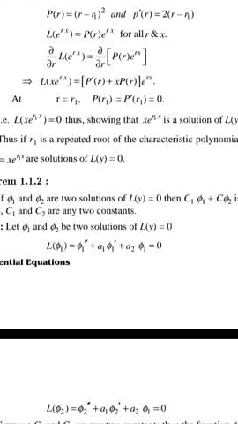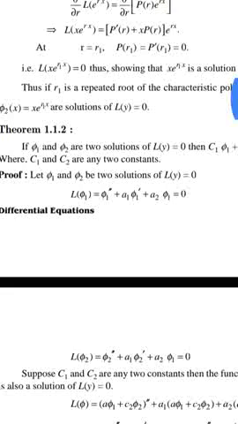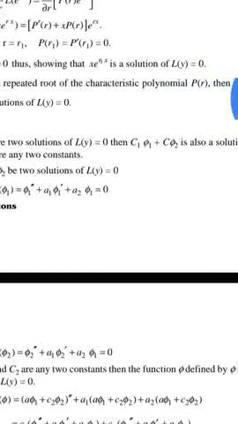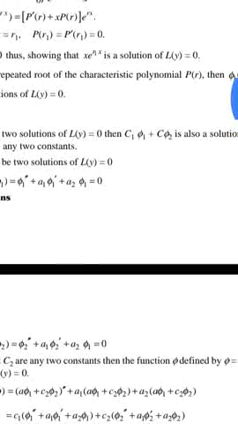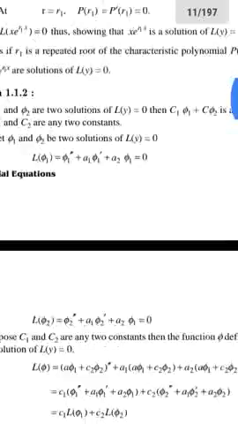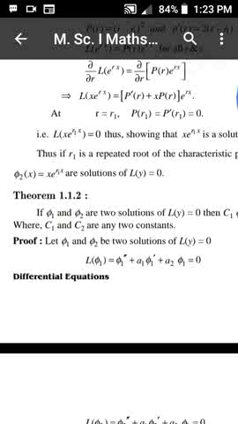L of x e^(rx) is equal to (p dash of r plus x p of r) into e^(rx). At r is equal to r1, p of r1 is equal to p dash of r1 is equal to 0. Therefore L of x e^(r1 x) is equal to 0. Thus this shows that x e^(r1 x) is a solution of L of y is equal to 0.